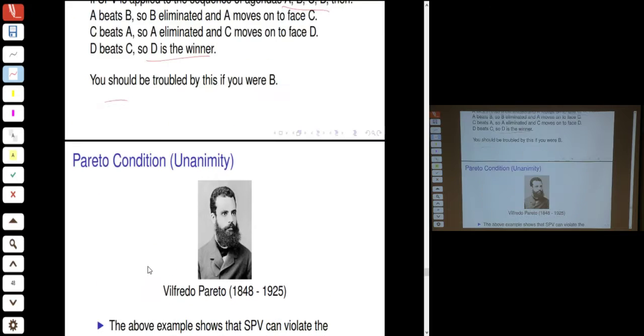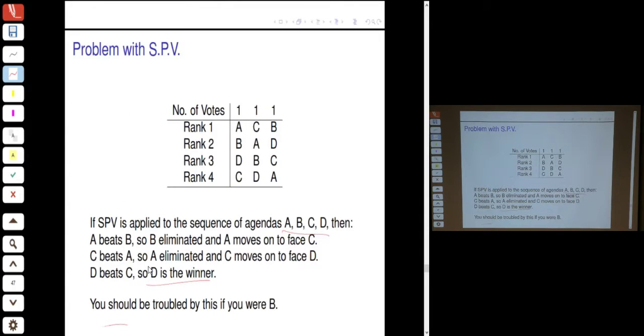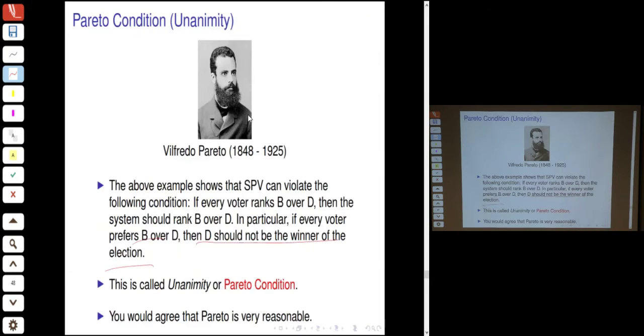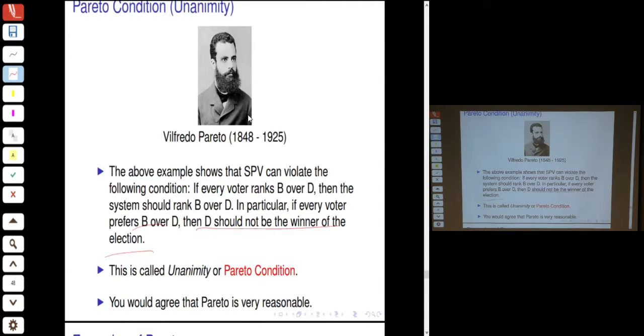Notice here that in every preferential list which has gotten any votes, B is above D. So, each and every voter prefers B over D if you just compare between B and D. However, SPV violates the condition, because D, as we saw, could be the winner of the election.